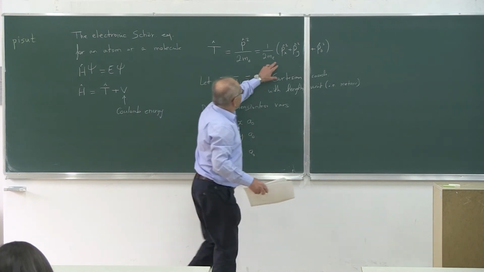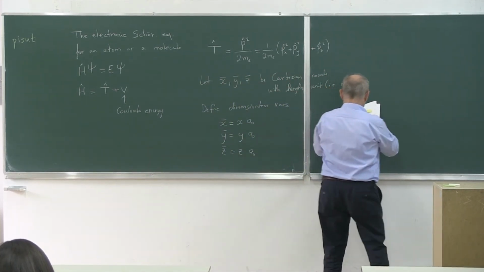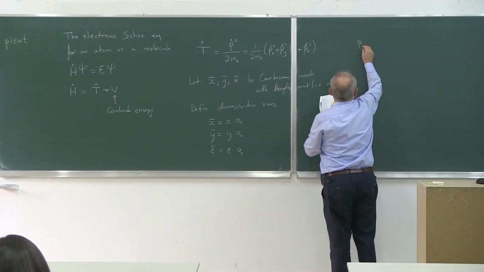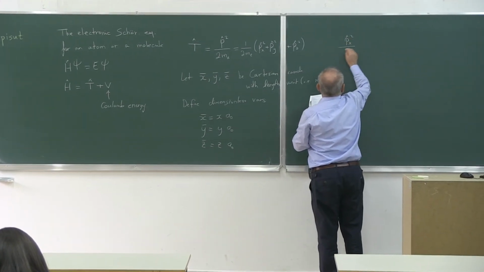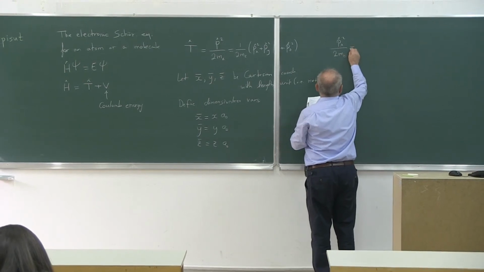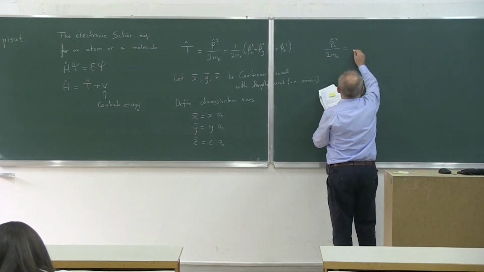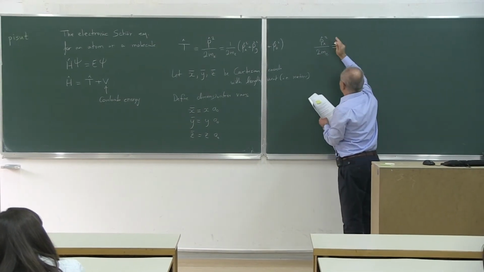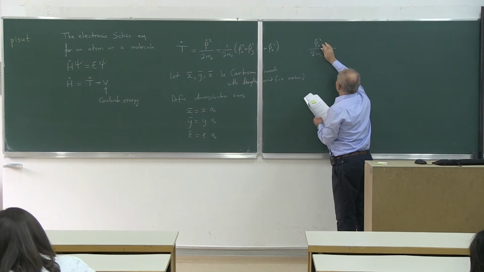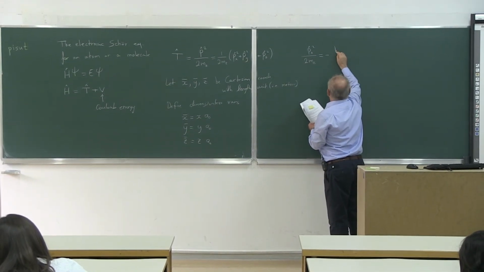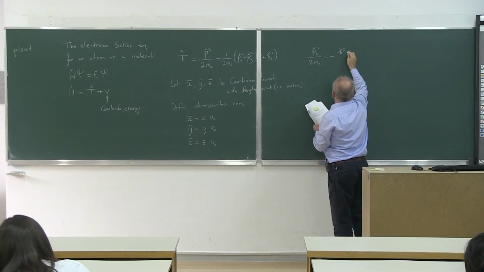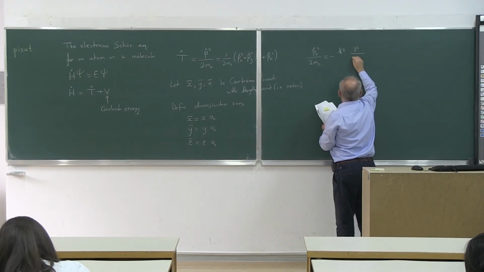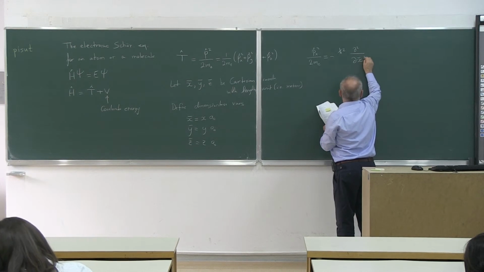Now, this expression, for example, px square over 2 times mass of electron is minus, now the explicit definition of px square is minus h bar square times the second derivative with respect to x bar.